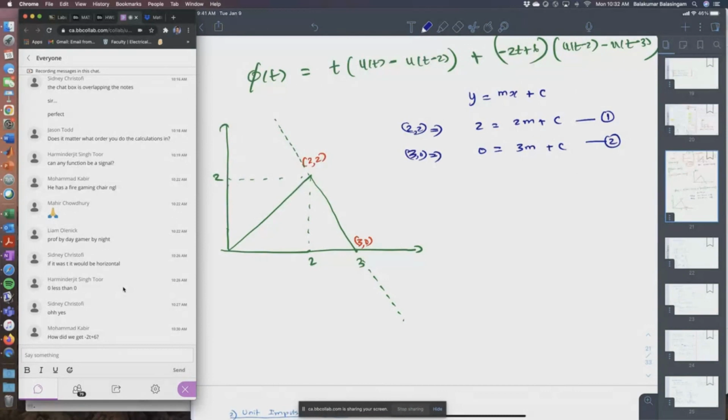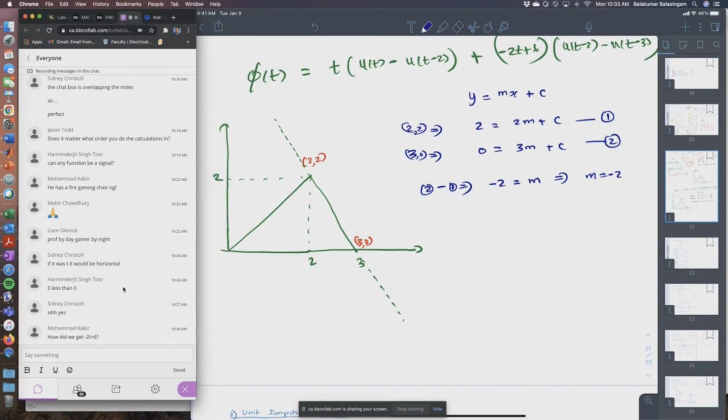We have basically solved this. If I subtract equation 1 from 2, you will get minus 2 is equal to m. So from this, I have one answer: m is equal to minus 2.